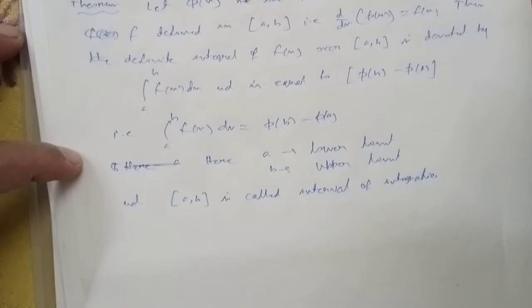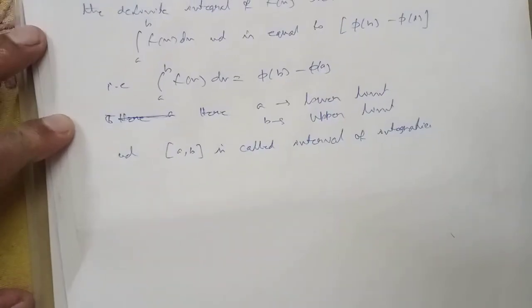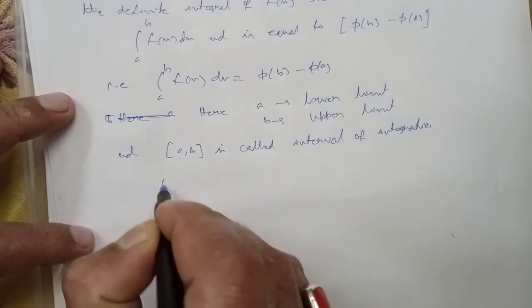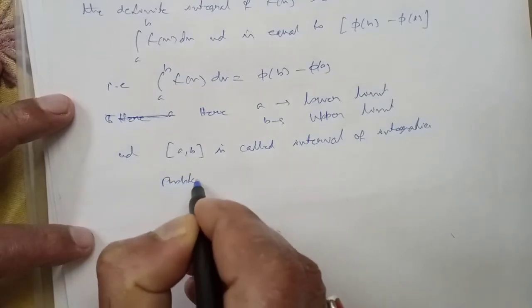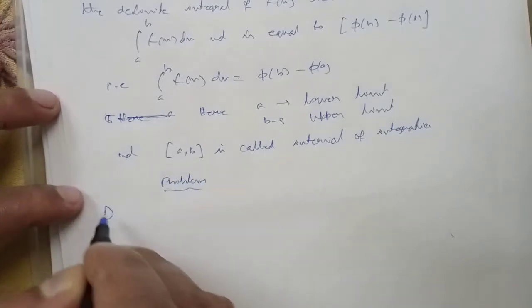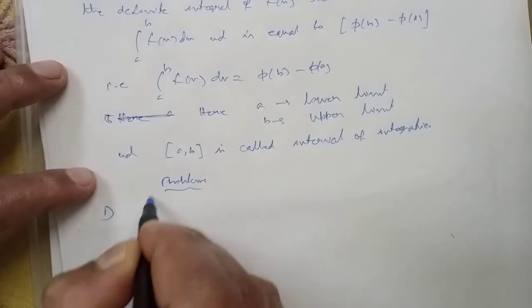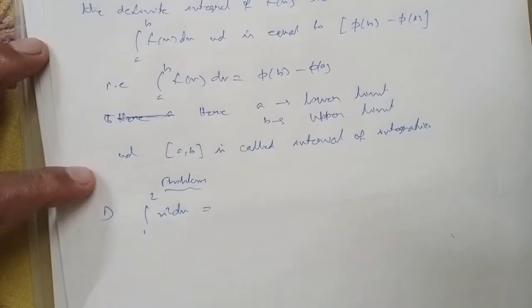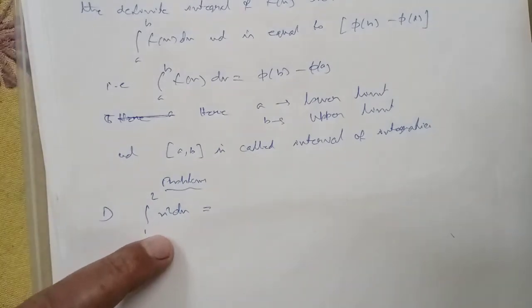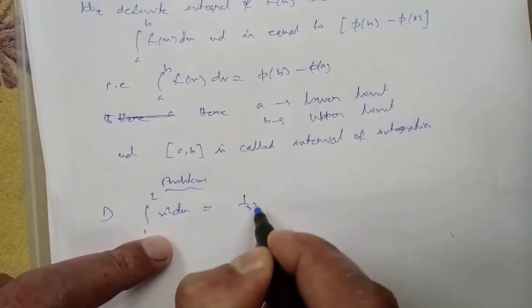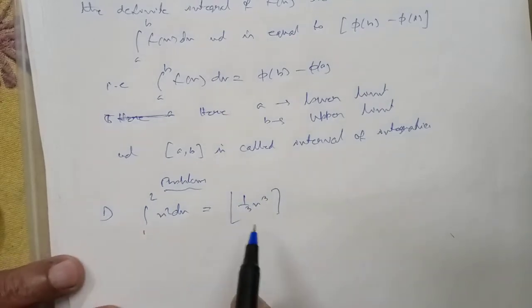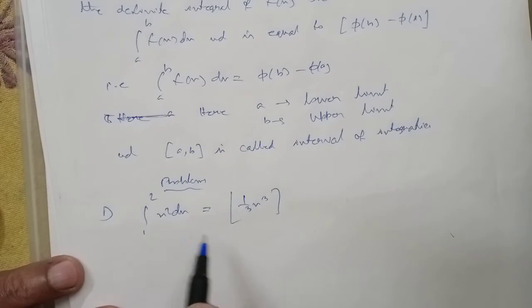Now let us first solve a few problems to make it clear. Number one, integration 1 to 2 x square dx. Look, primitive of x square is 1/3 x cube, because if we differentiate 1/3 x cube we get x square.